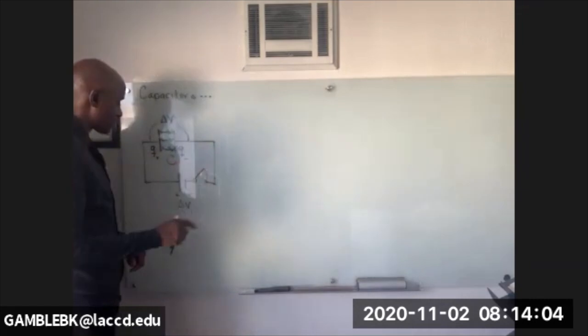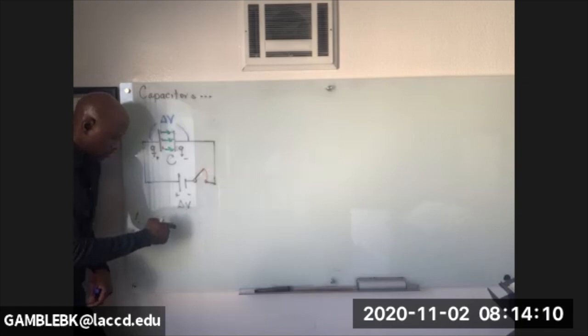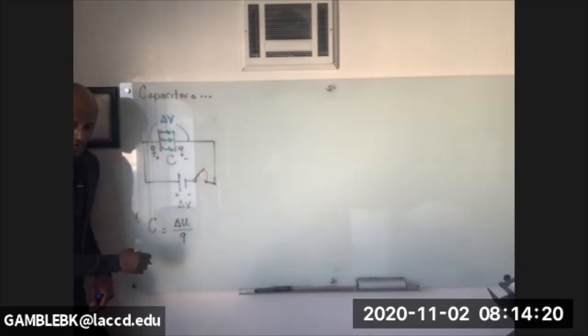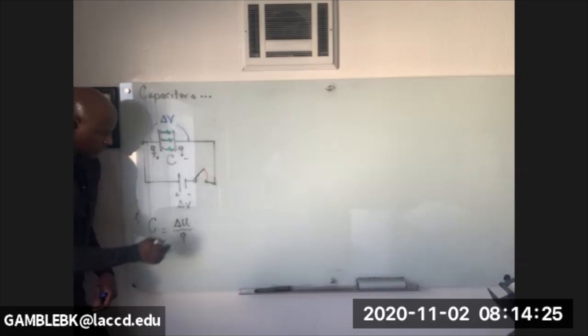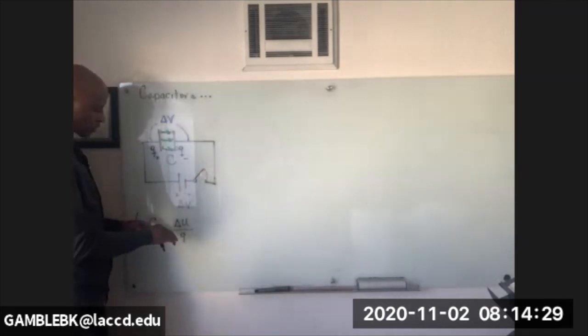Let's start with the definition of capacitance. We said that capacitance was defined as the change in potential energy over the charge, right? So a particular charge. Now, we could make that the total charge, but it's just for a particular charge. That's like the work done to put each individual charge.